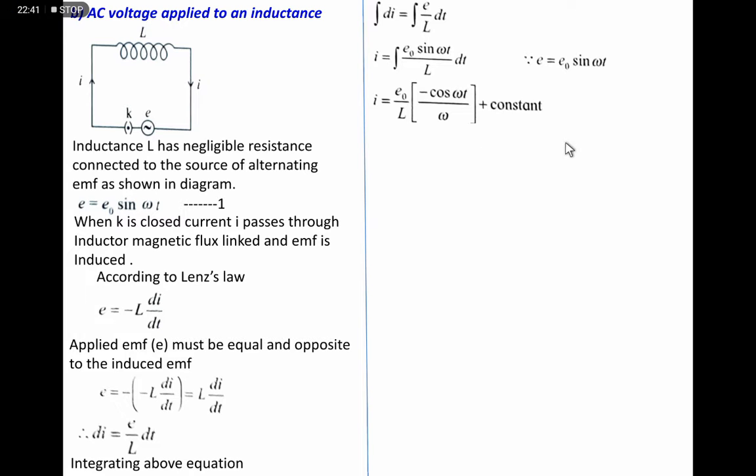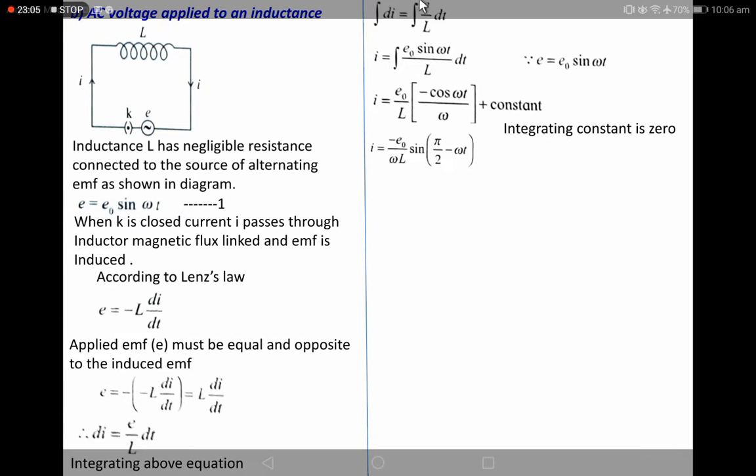Here the constant of integration is 0, therefore we'll write minus E naught by omega L times sine of pi by 2 minus omega t. Instead of cos omega t, we'll write sine of pi by 2 minus omega t, that is 90 minus theta. This is the trigonometric identity used over here.